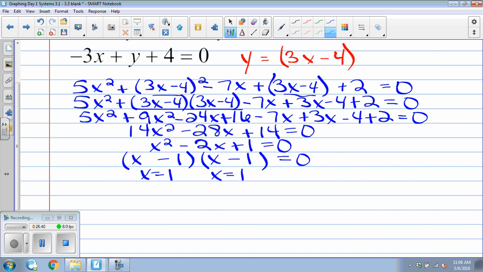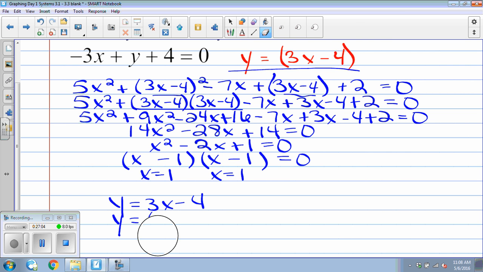Now, since those are the same, we are only to assume that there's one point of intersection. You're not going to go back and substitute in x equals 1 twice, right? When we take x equals 1 and plug it back into here, we'll get y equals 3x minus 4. So y equals 3 times 1.